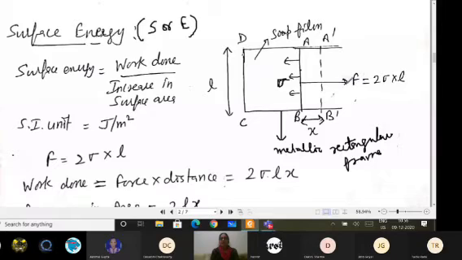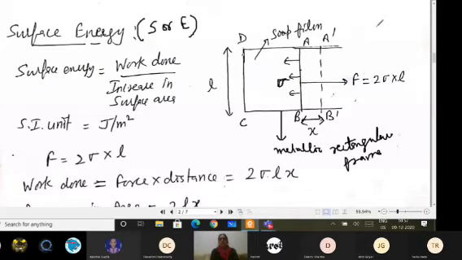That force is the surface tension. When you dip it into the soap solution, two films are formed, and the force acting perpendicularly is the surface tension sigma. When two layers are there, it is twice sigma.